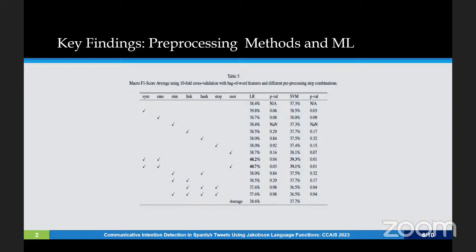On the other hand, the methods usernames, link, hashtag, and stop, and link, hashtag, and stop yielded the lowest values. Additionally, it is worth noting that preprocessing that only involves converting the text to lowercase results in the same average values as the reference.